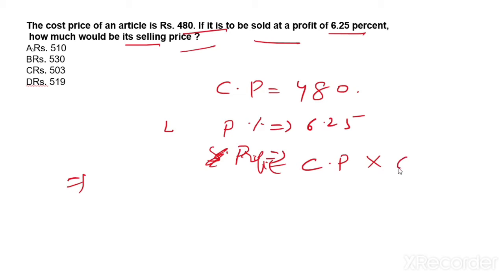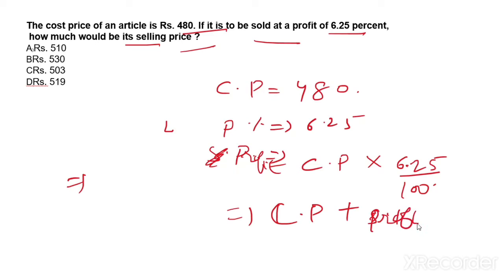Cost price into 6.25, the percentage of profit that we are given, divided by 100, and then we will add this profit to CP. CP plus profit will be selling price. So what will we do here? We will calculate 6.25% of 480.